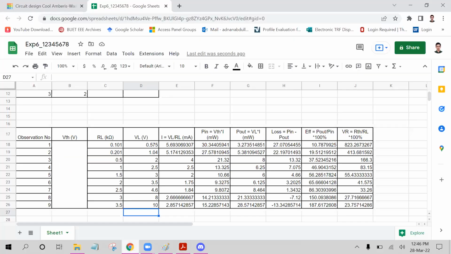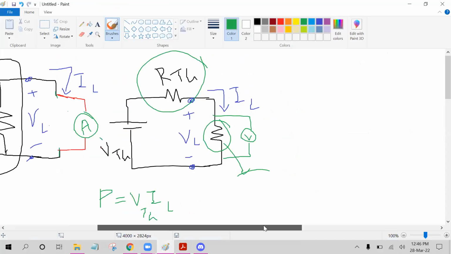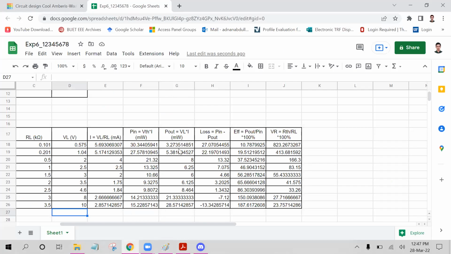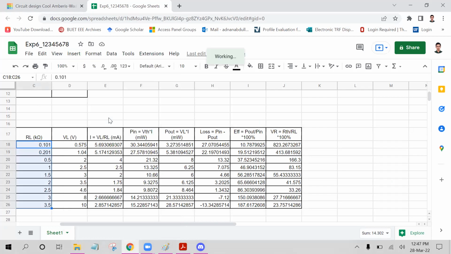So for example, let's say that I want to plot the output power like this. X-axis will be RL and Y-axis would be P out. Okay, so I am going to select the column of RL like this, and then go to this option, insert chart.